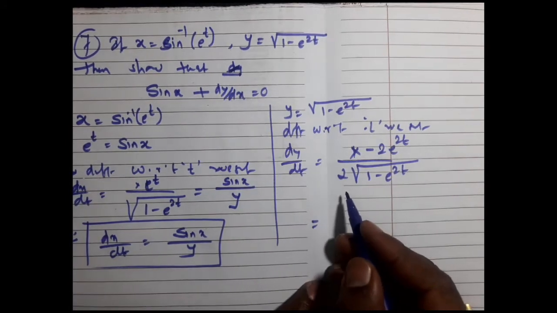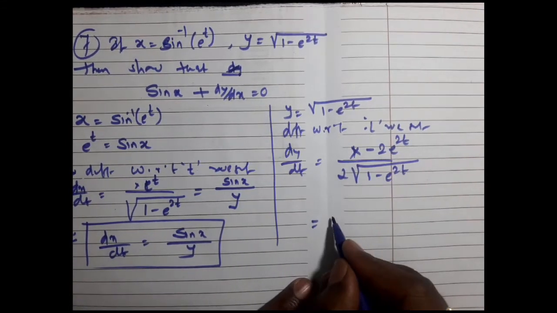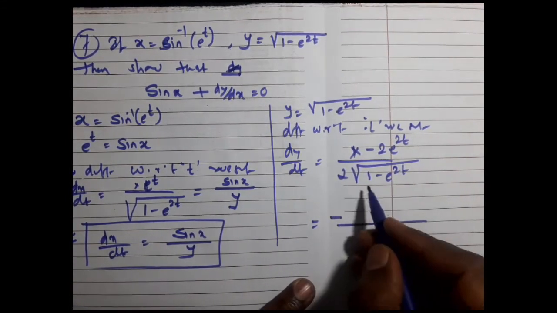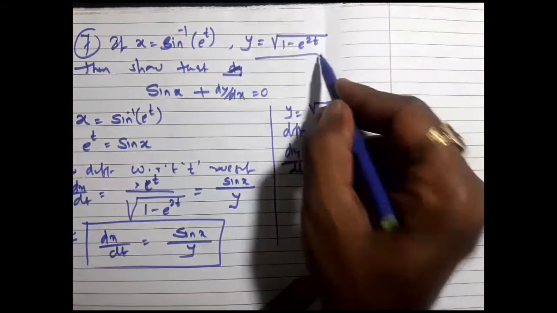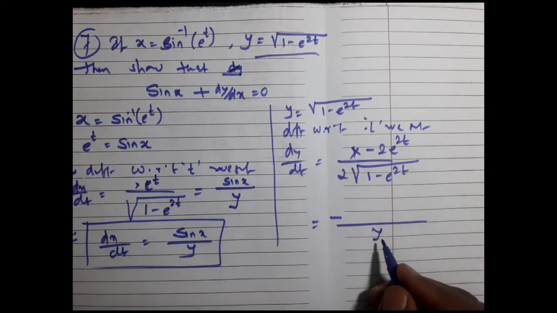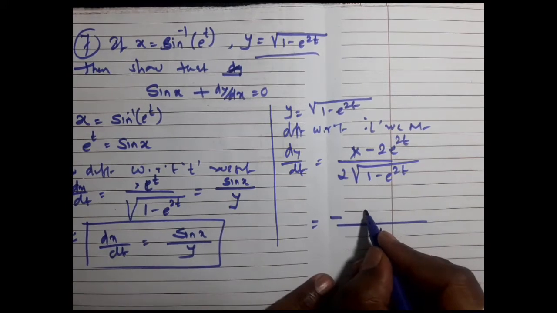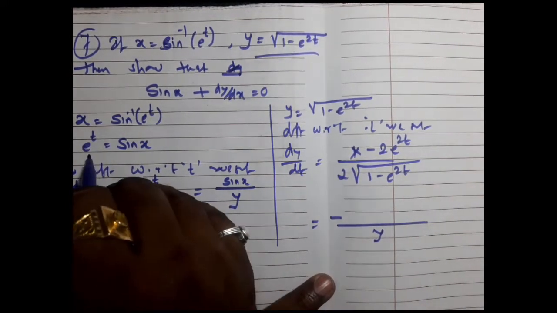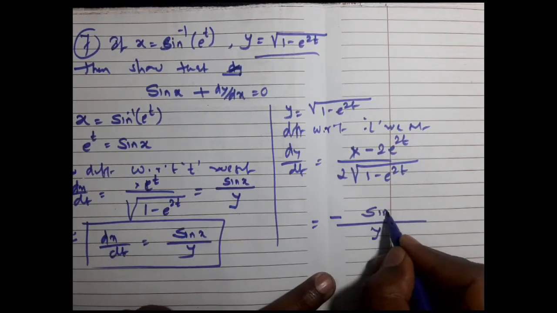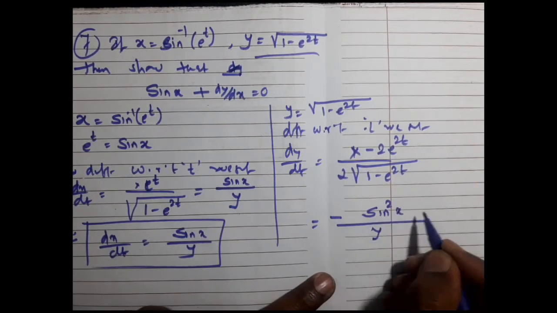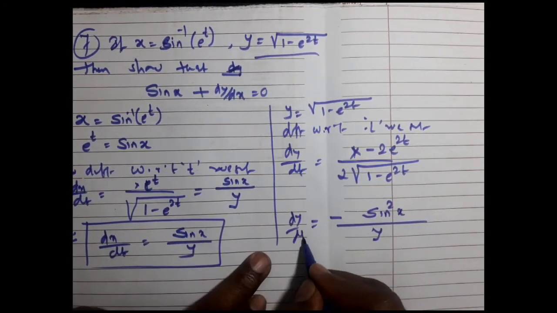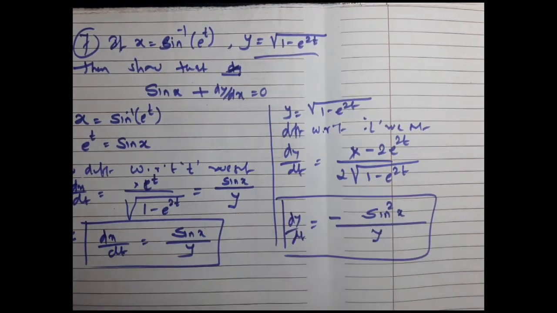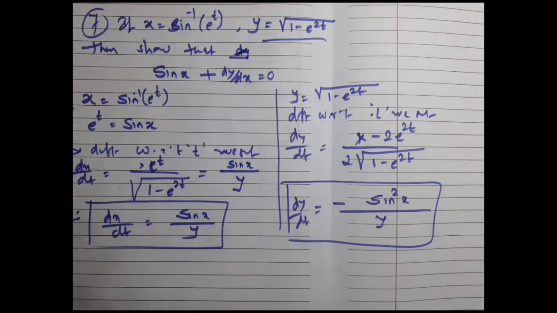So obviously 2 will be cancelled, so the minus sign remains. Now root of 1 minus e raised to 2t is y, and e raised to 2t is nothing but e raised to t square, that is sine square x, it is dy by dt.